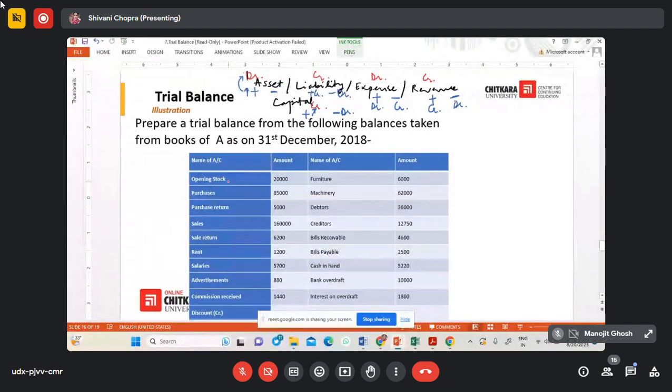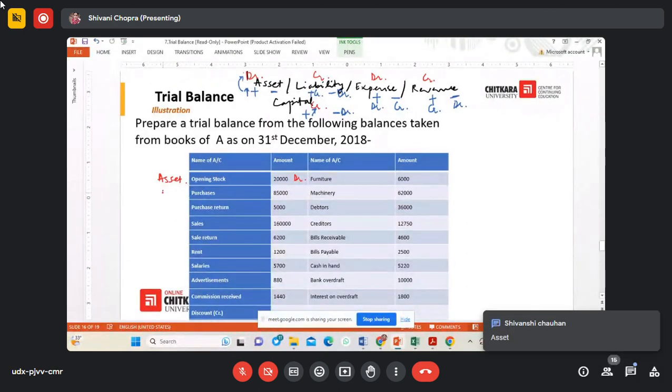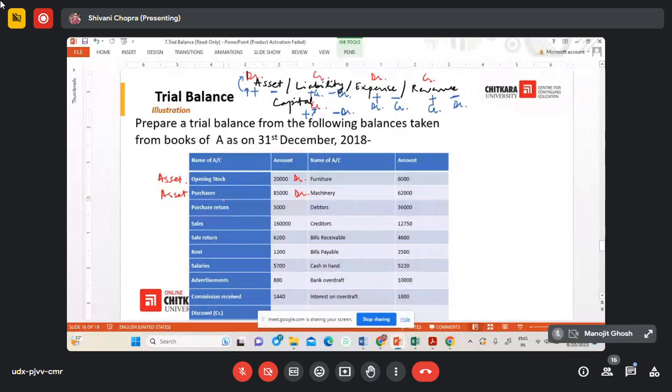Opening stock. What is the natural balance of opening stock? Opening stock is an asset. It will have a debit balance. Purchases refers to stock, inventory, asset. It will have a debit balance. Purchase return. Purchase return is inverse of purchase, right?